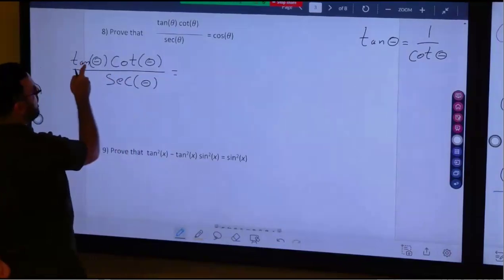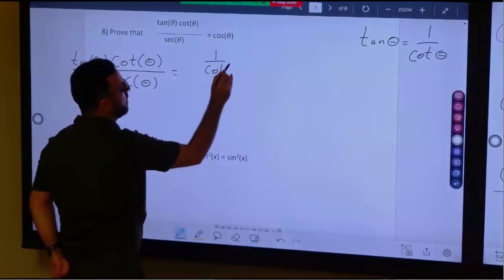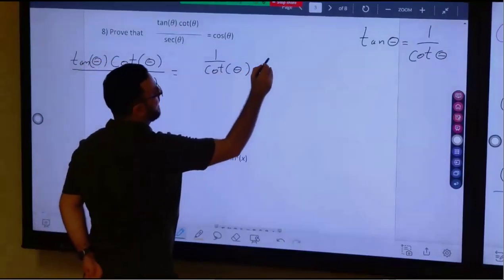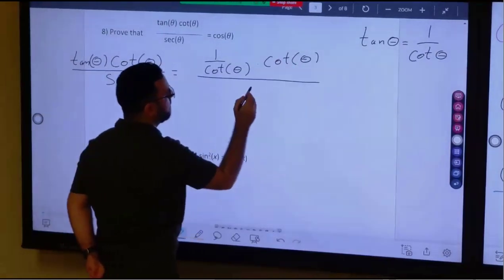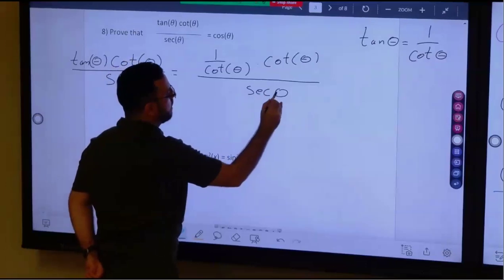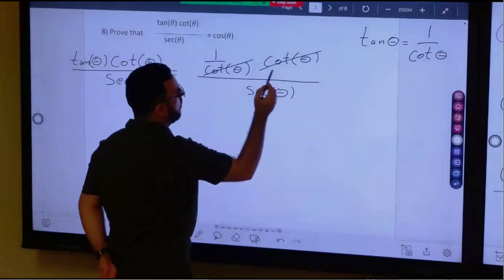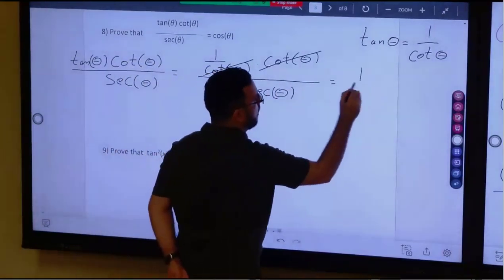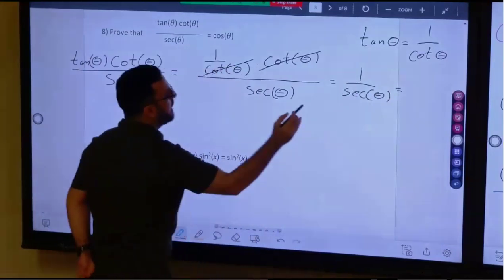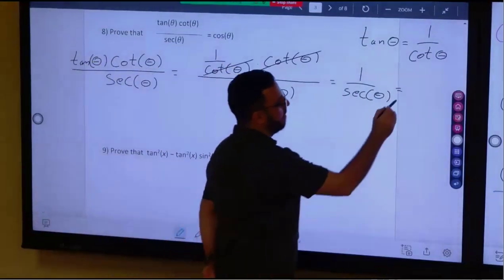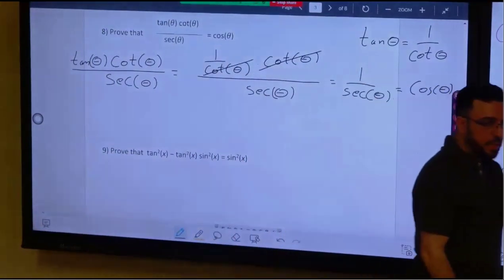Tangent is 1 over cotangent, times cotangent, they cancel out. And everything is divided by secant theta. What's the rest on the top? 1 over secant, which equals what? You got it?